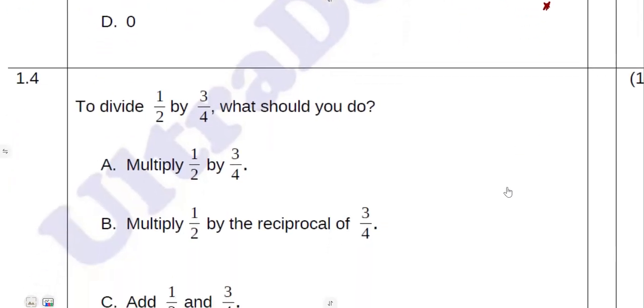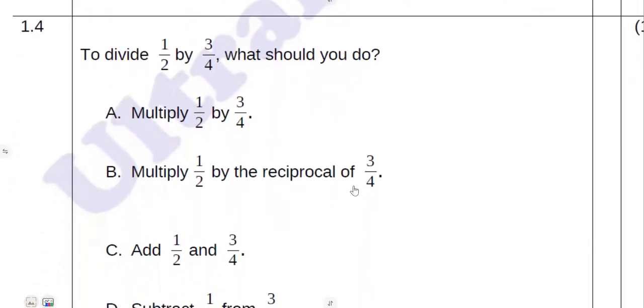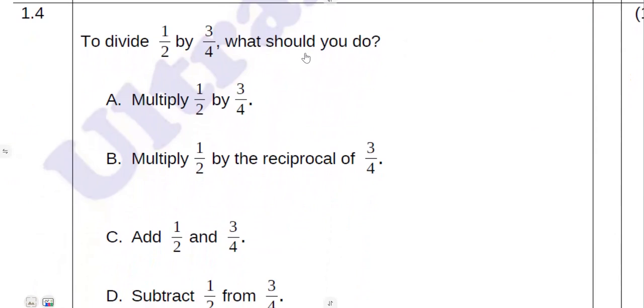And 1.4, to divide this by this, what should you do? Divide 1 over 2 by 3 over 4. In order for you to divide, we need to get rid of the division that you are given.